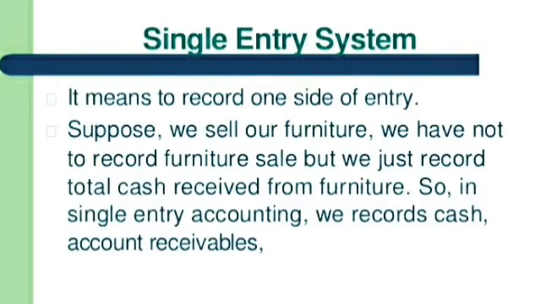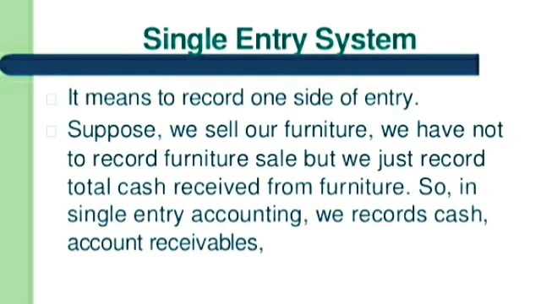So we can discuss the single entry system of accounting: this accounting system records only one aspect of the accounting. While discussing various accounting concepts and conventions, we learnt about the dual concept of accounting. That means for each transaction, two ways of recording are maintained: what is coming in, and what is going out. But in the single entry system of accounting, only one aspect is recorded.